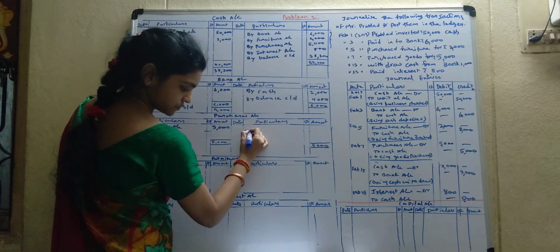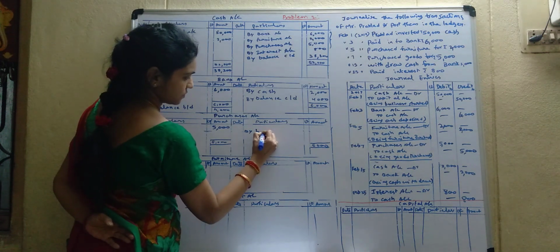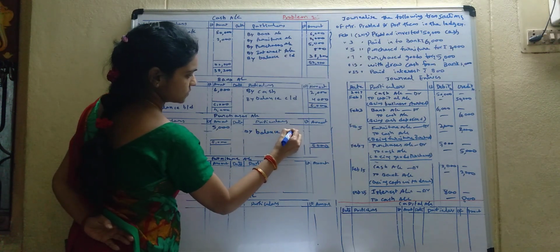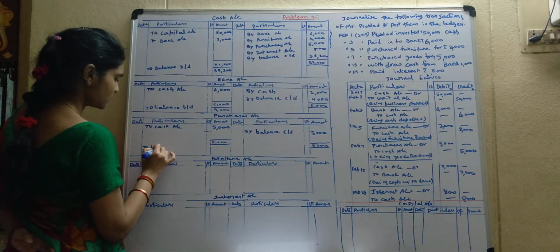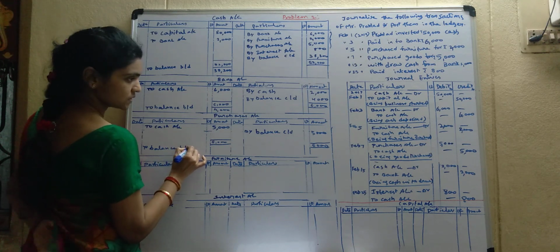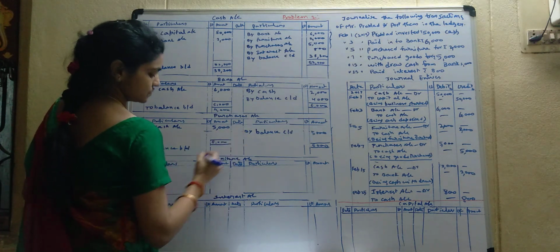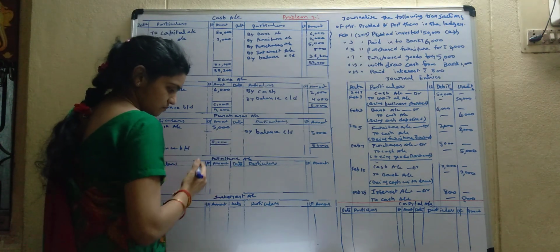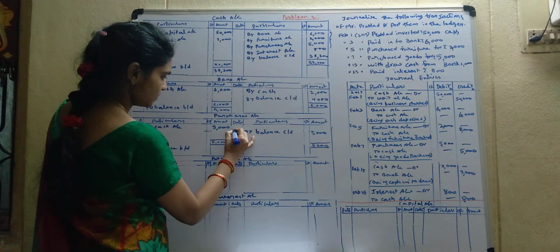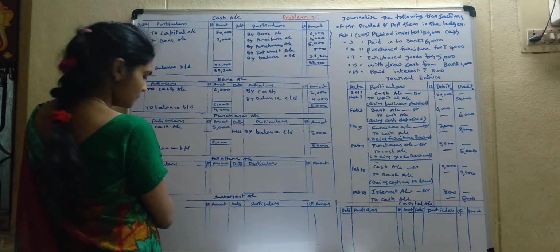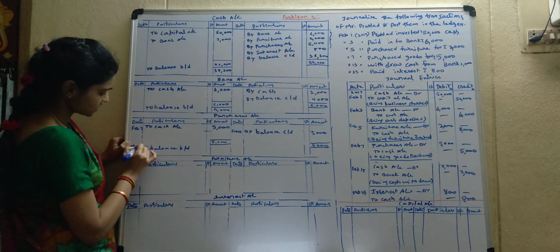By balance carried down. 5,000 to balance brought down. What's the date? February 7th. In the month ending February 28th. March 1st. This is the balance on March 1st.